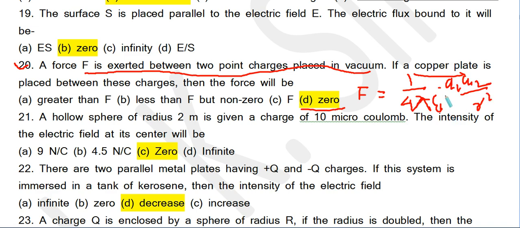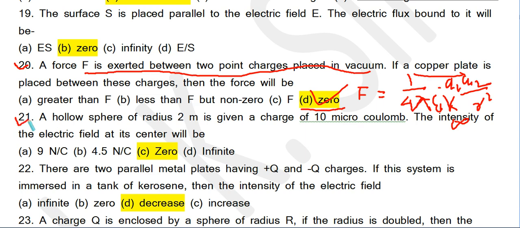When a medium is placed between the charges, then the formula gets K. For a copper plate, K is infinity. The dielectric constant for copper is infinity. When anything is divided by infinity, it becomes 0. Thus the force acting between the point charges will be 0.